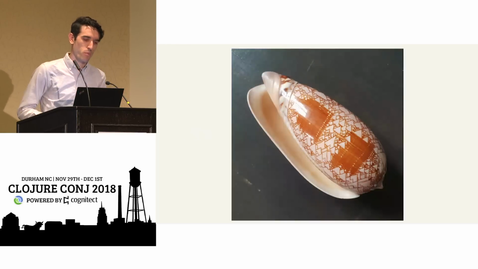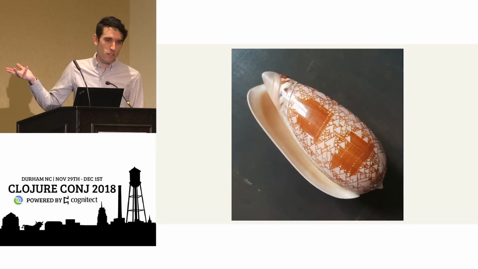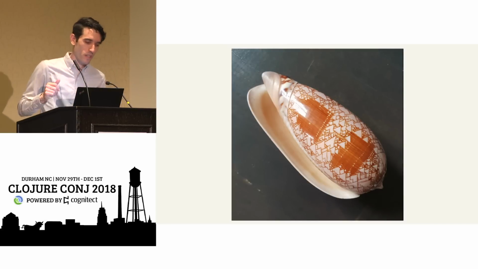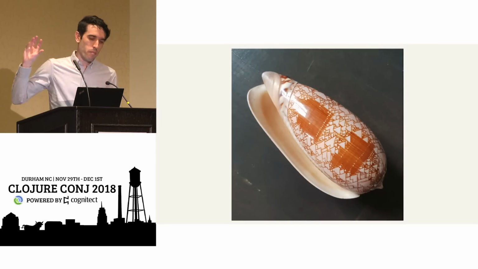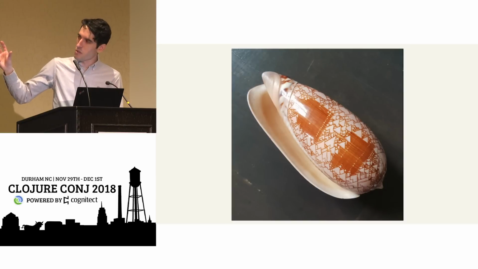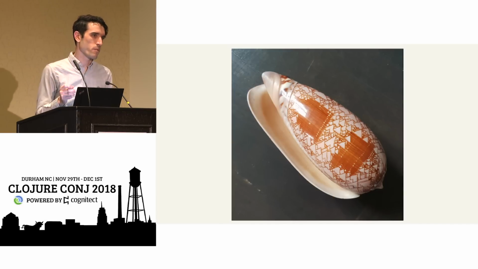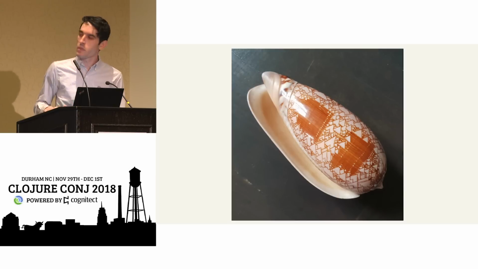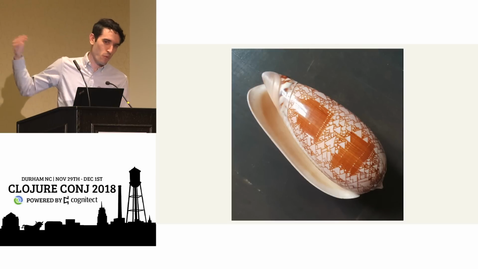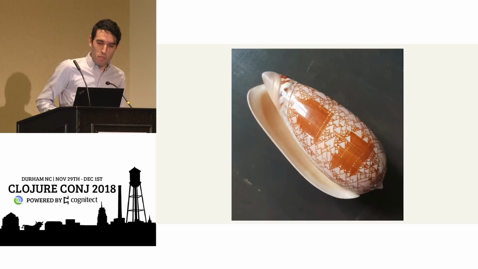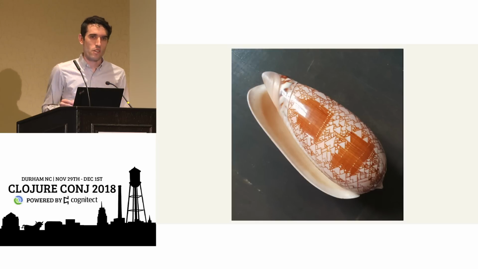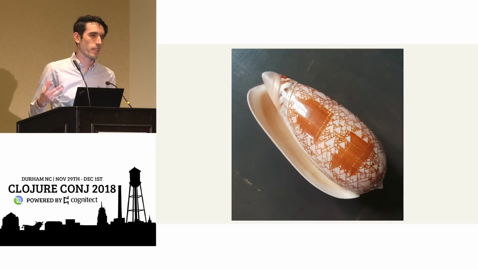So one cool example of that, this is a seashell. I don't know what kind of species it is, but the pattern there happens to be very, very similar to a cellular automata that Stephen Wolfram created or discovered called Rule 30, except that it has some glitches in it. But it's really remarkable how this stuff is reflected in nature.